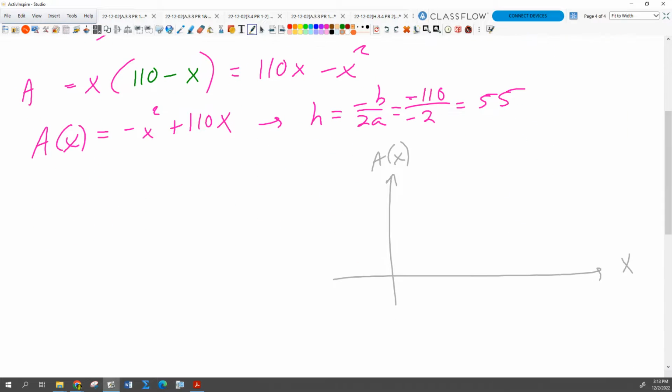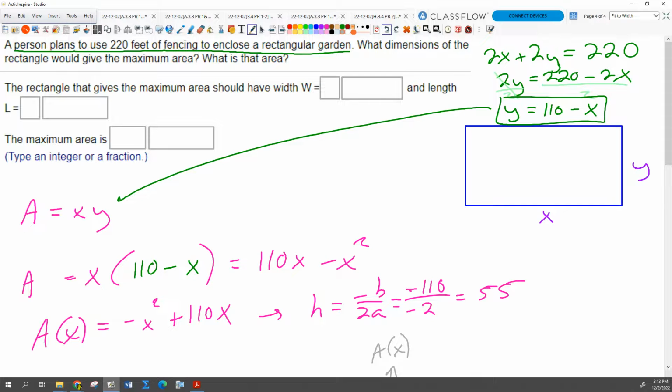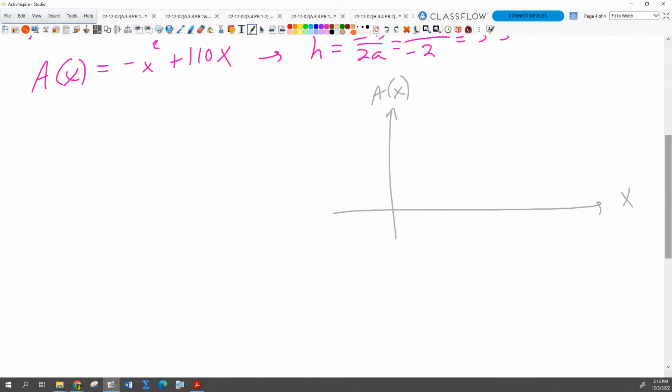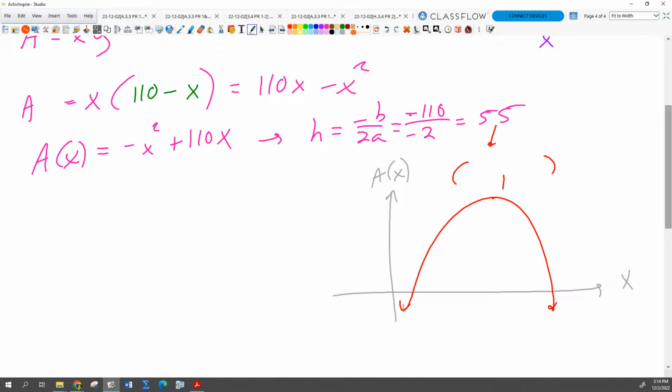So it's opening down. So we just need the coordinates of the vertex, right? Well, we know the x coordinate is 55. To find the y coordinate, we'll just plug that into our function.